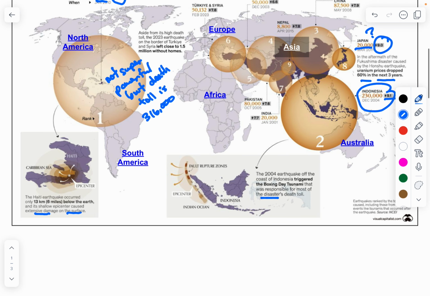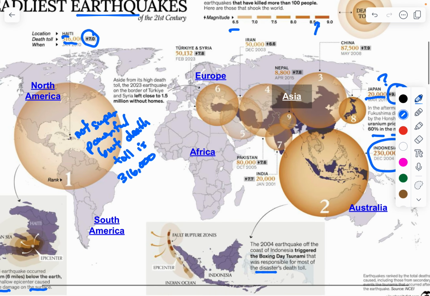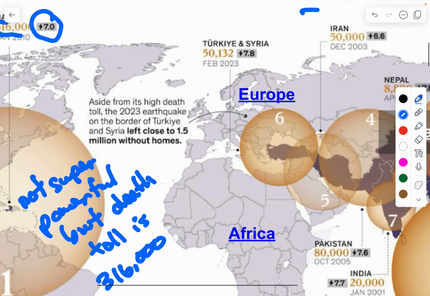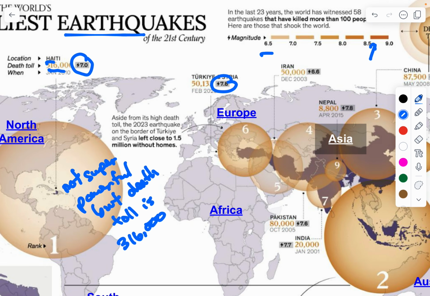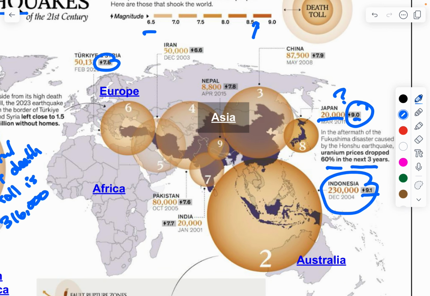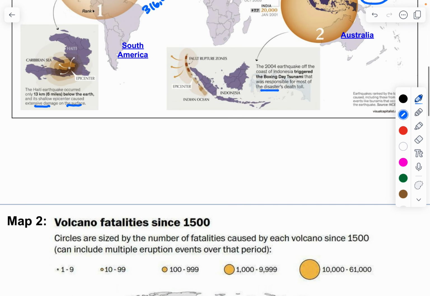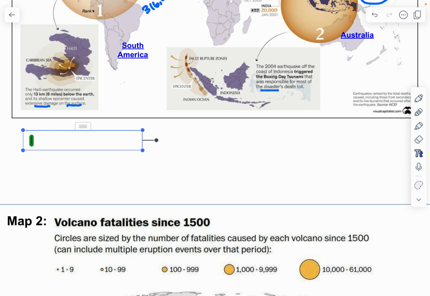Is there some kind of pattern here? Let's look at this one. This one's also very high, but not as high as this one. So let's type here, let's see if I can type.